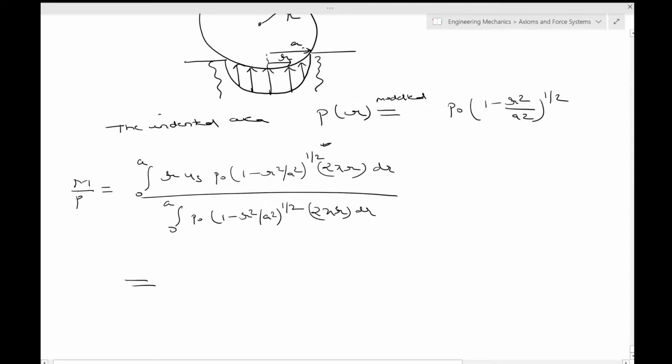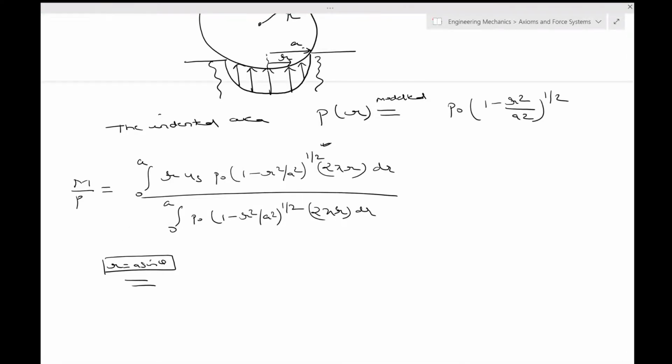and this becomes equal to, so any relation which you can see between R and A. So if you substitute R is equal to A sine theta, it would not be very bad. Okay, how will you be able to do this?